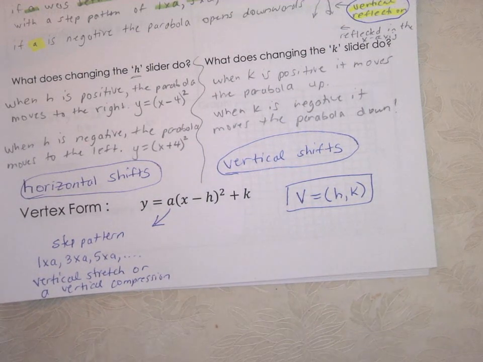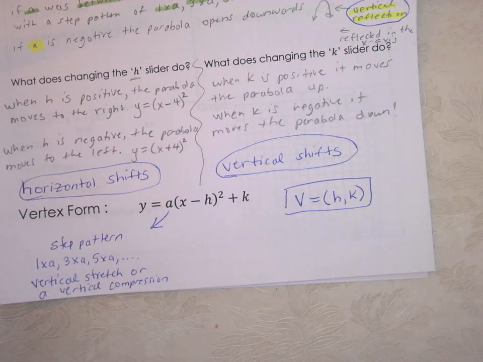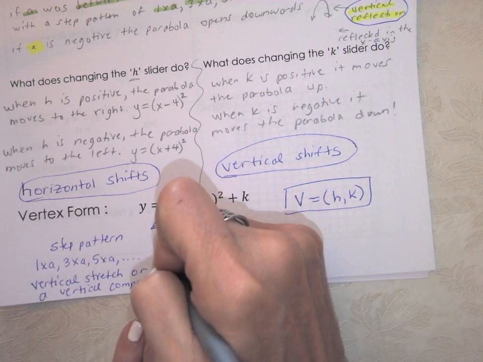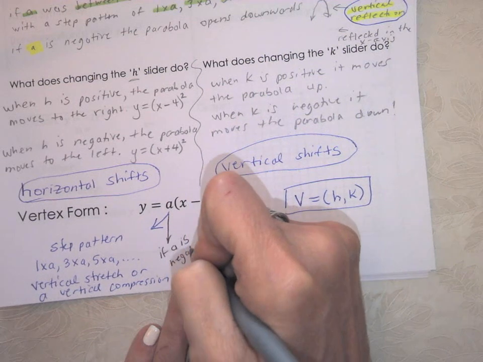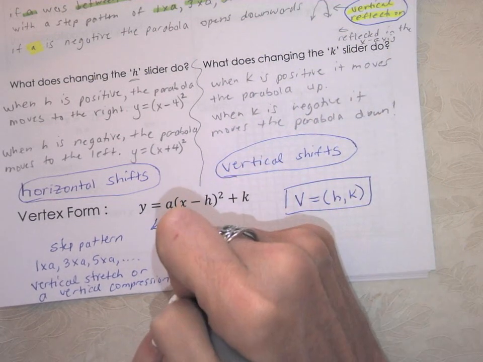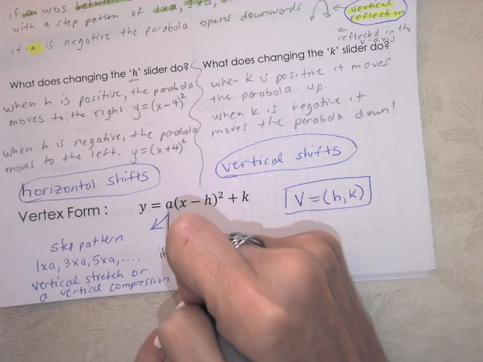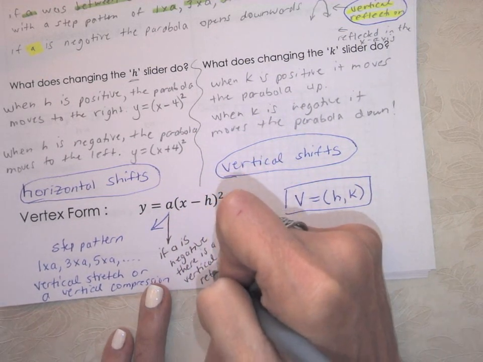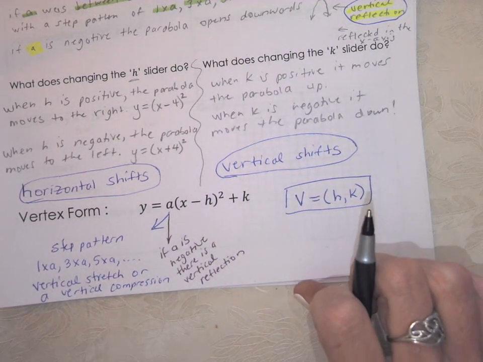And it also tells us if there's a vertical reflection. Remember also, if A is negative, there's a vertical reflection, which means the parabola is opening downward or flipped upside down, however you think of it. Okay?